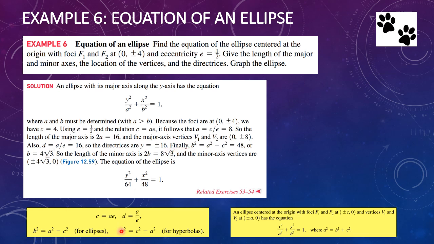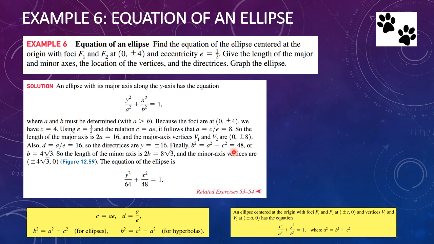And then the last thing we have to do is figure out the B value, so we can figure out the length of the minor axis for an ellipse. B squared equals A squared minus C squared for an ellipse. So we get 8 squared minus 4 squared, so 64 minus 16 gives us 48, so B is 4 times the square root of 3.